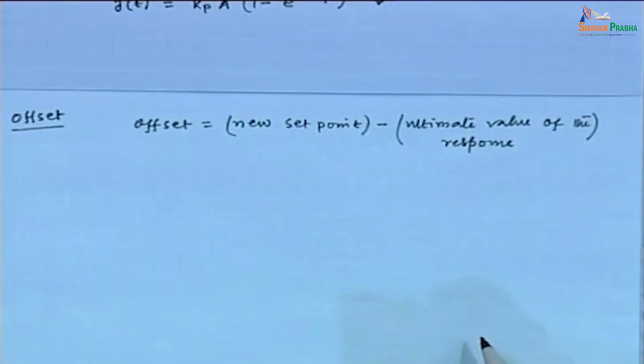Offset is calculated using this form, new set point minus ultimate value of the response.